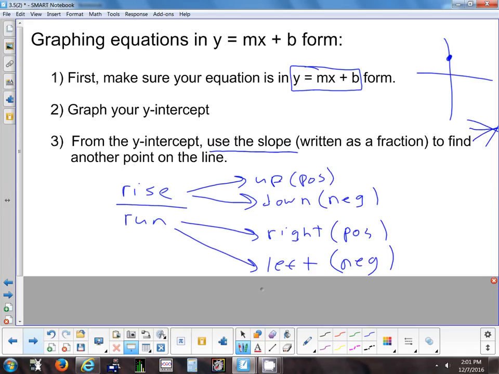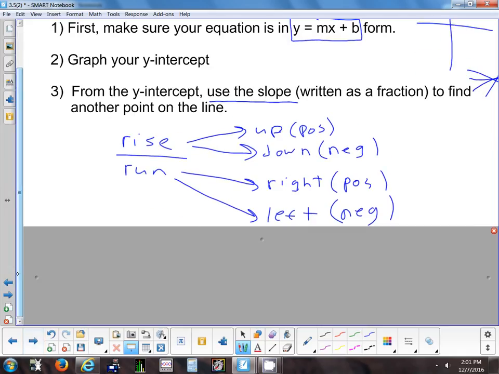Guys, just a couple things. You have those 3 bullet points on your chart there.